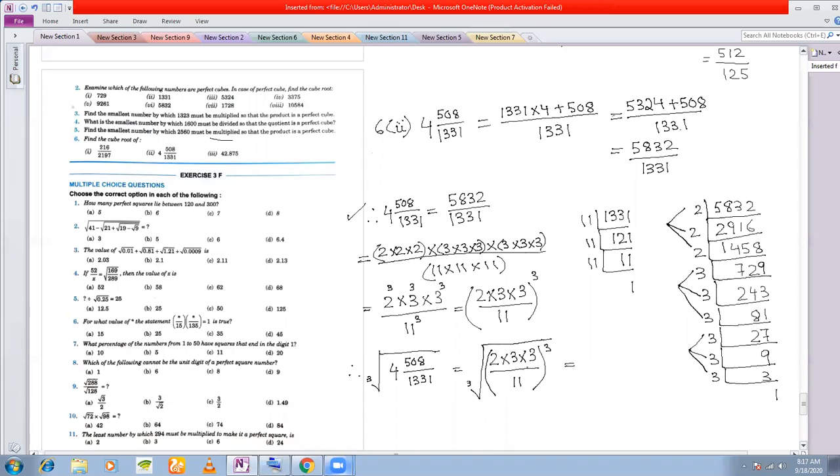Now we have a cube root and a cube inside, so we can remove the radical sign. We simply get 2 into 3 into 3 divided by 11. So this is 18 by 11, and so this should be your answer.